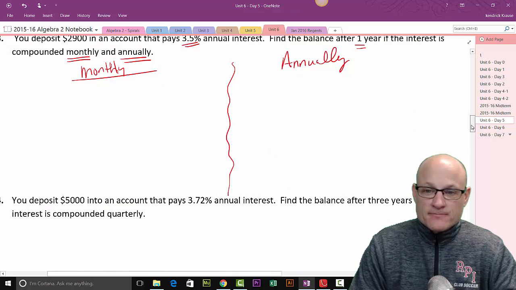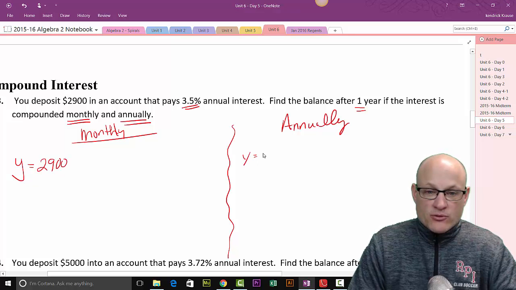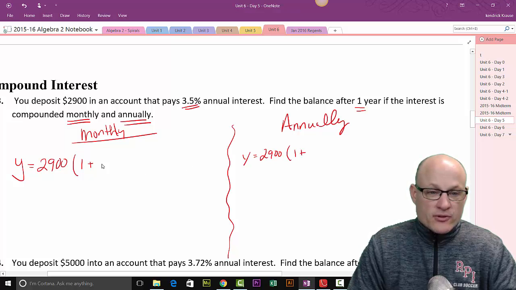So let's see what we got here. Y equals, start with our principal amount. We're going to start with $2,900. Nothing's different right now. Y equals 2,900, 1 plus. Now, here's what the difference is. The rate's the same, so we're going to do the same rate. Now, 3.5%, be careful with that. 3% would be 0.03. So 3.5% is 0.035. You got to be careful of that.